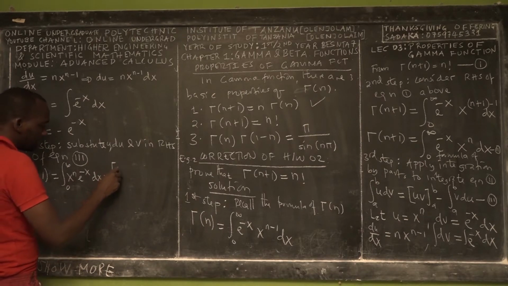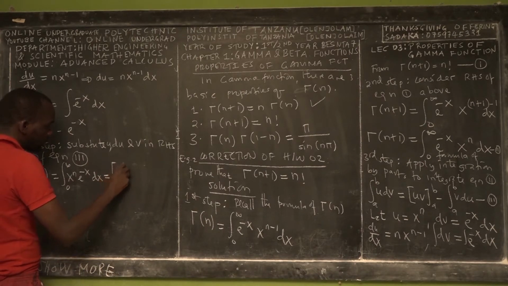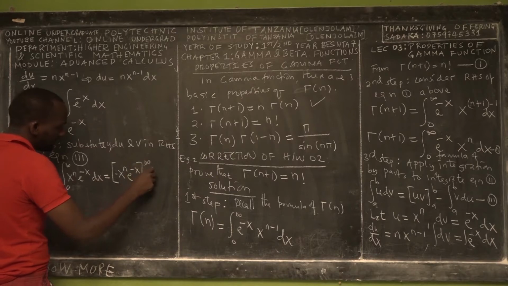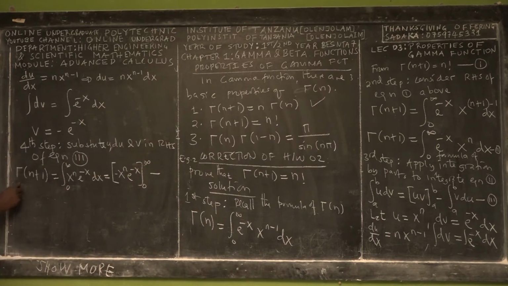u, which is x to the power n, times negative e to the power negative x, from 0 to infinity, minus the integral from 0 to infinity of v, which is negative e to the power negative x, times du, which is n times x to the power n minus 1 dx. Right?